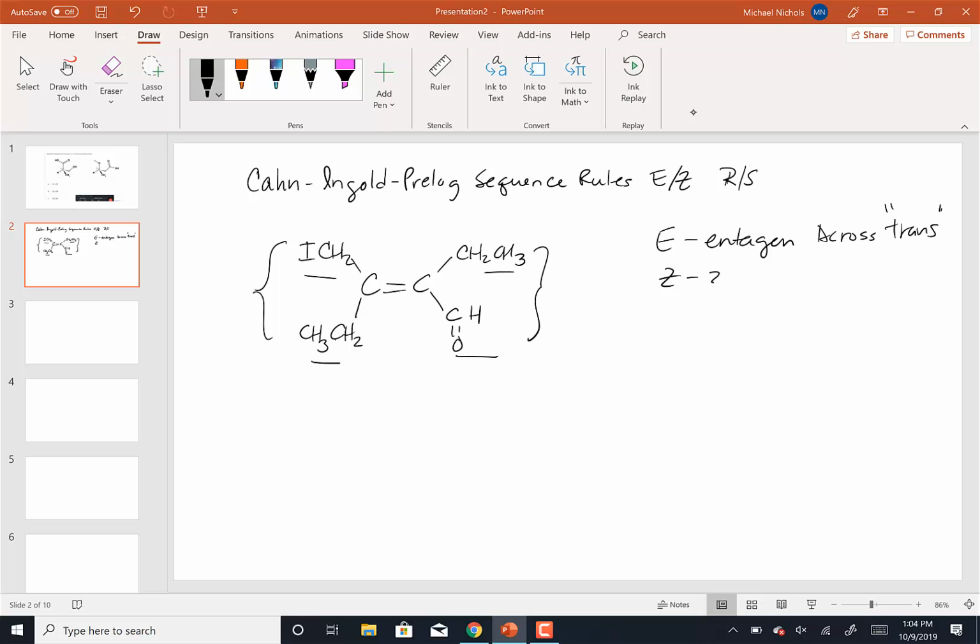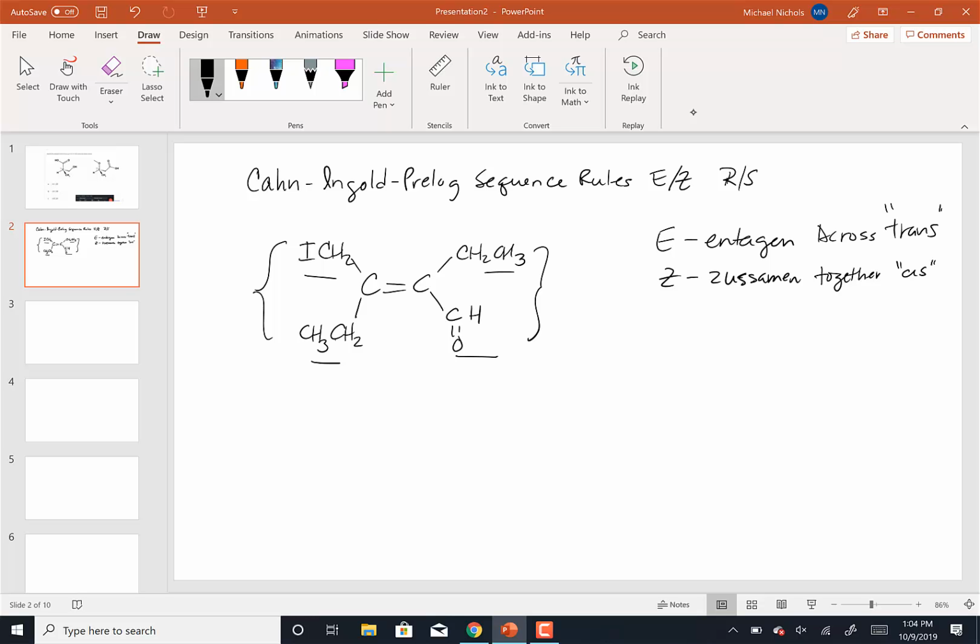Z, German for zusammen, together, a literal translation from my one semester of German, second semester senior year, thinking I needed a working knowledge of German for graduate school, which they promptly got rid of that requirement. Cis.